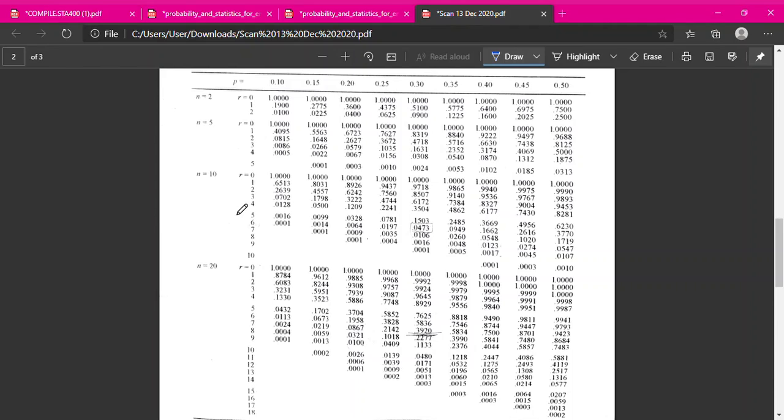So, if dalam final exam, biasanya soalan akan bagi value yang ada provide dalam stat table merah ni lah. Okay, tapi in this example tadi, N 15 tak ada, P 0.4.